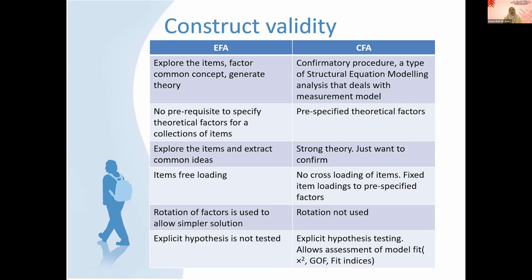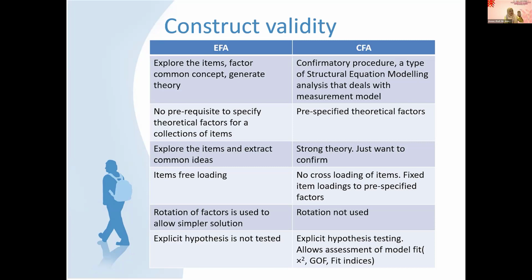For example, the health belief model, where this leads to the intention. So you need some pre-specified theory behind that. Basically CFA is just to confirm, and there is no cross-loading, because you already did EFA.